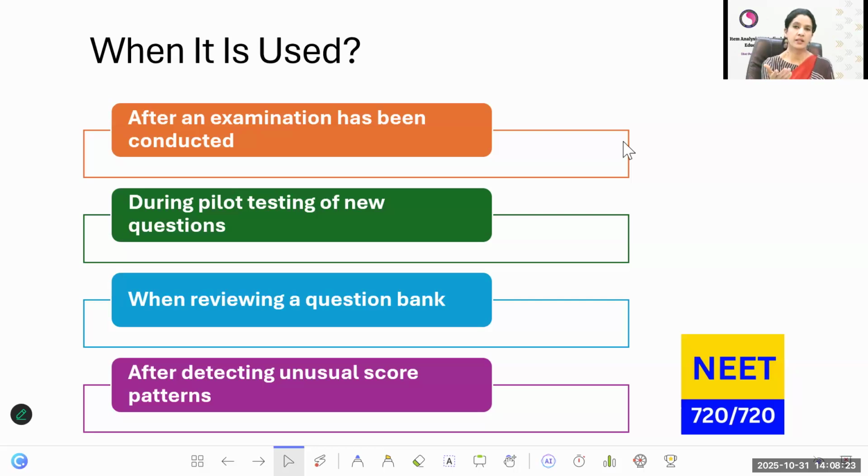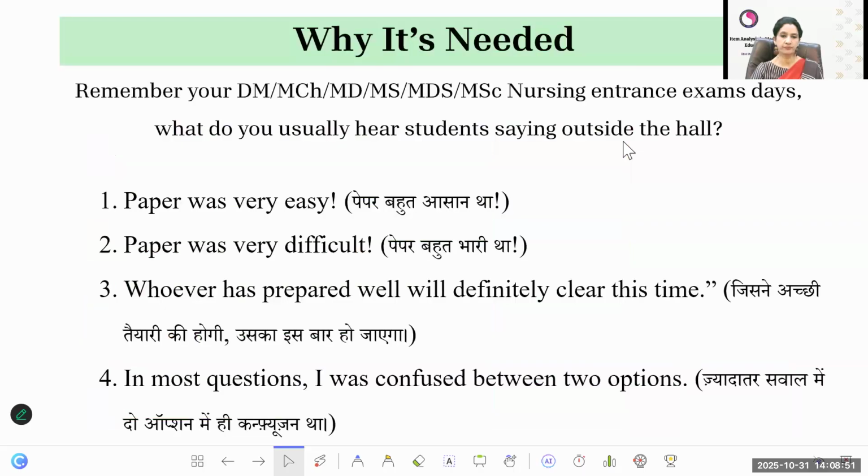Like in the last NEET, you must have heard that many students got 720 out of 720. So item analysis could have been done there. I don't know, they must have done that just to see the difficulty level or the distractors. If many people are getting good marks, is the paper really able to discriminate between good performing and low performing students or not? So it can be done.